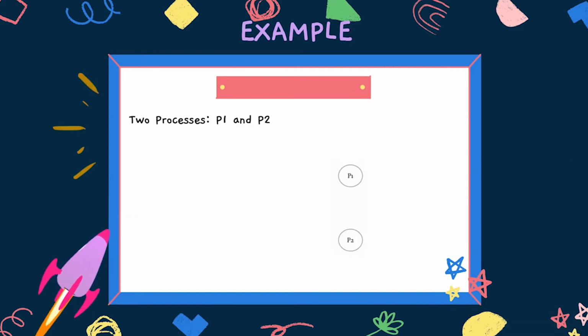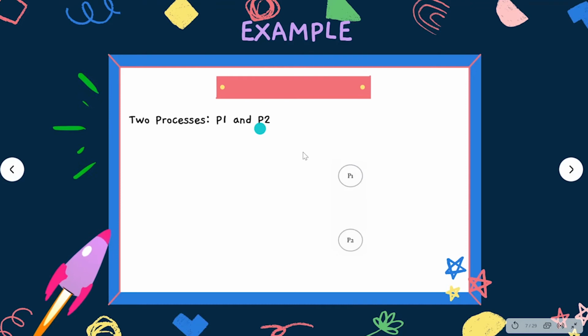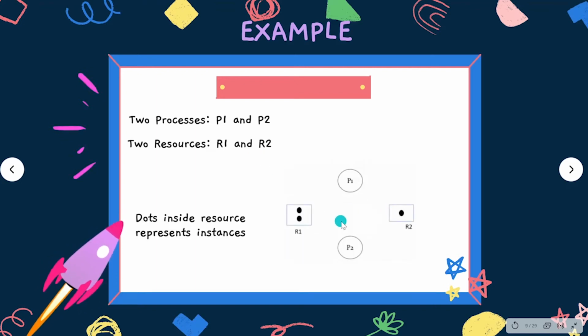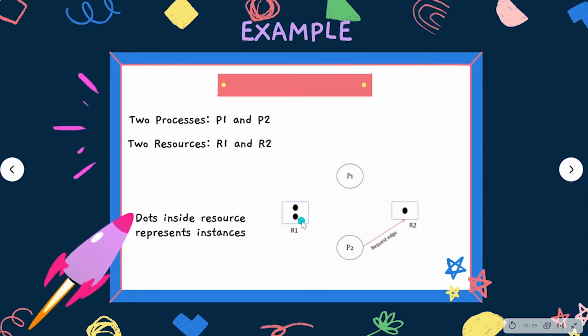Alright, so let's look at an example to understand this further. So two processes P1 and P2 are given, and then two resources R1 and R2 are here. If we look at the dots inside the resources, these are instances of resources that are going to be called by processes. Later on we'll see that.